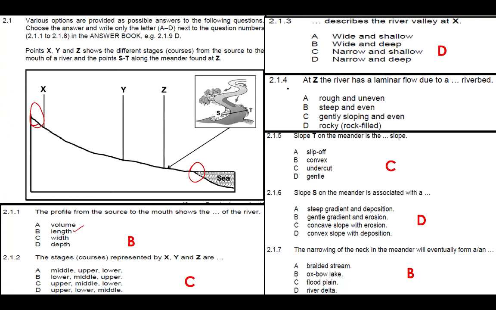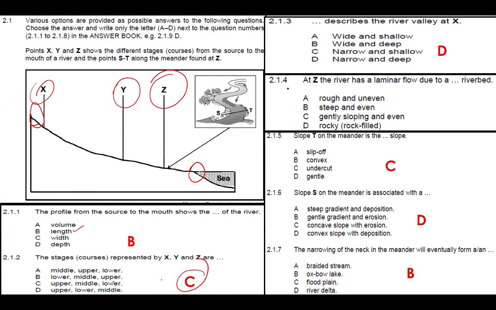And then we have the stages, which are scrambled up. What you must do is choose the correct order. The stages X, Y, and Z must be upper course, middle course, and lower course. So the correct answer there will be C.